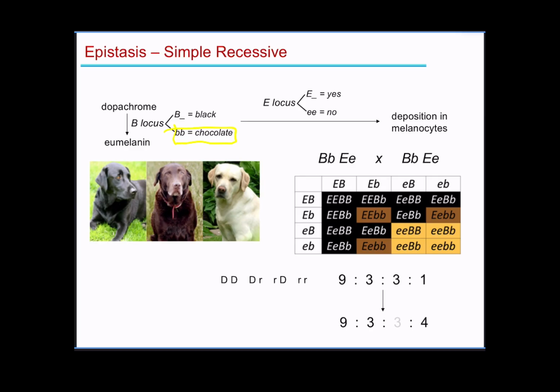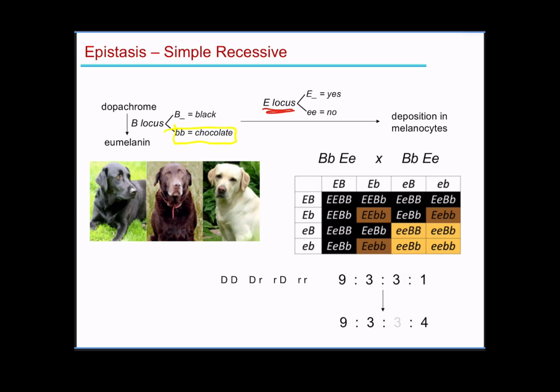Now the thing is that there is this other locus that we call the E locus, the epistatic locus, that when homozygous recessive, will mask for us our ability to see either black or chocolate. Why? Because the E locus is in charge of depositing that pigment on the melanocytes that are closest to the skin surface. Those are the ones that will ultimately color the fur of these dogs.